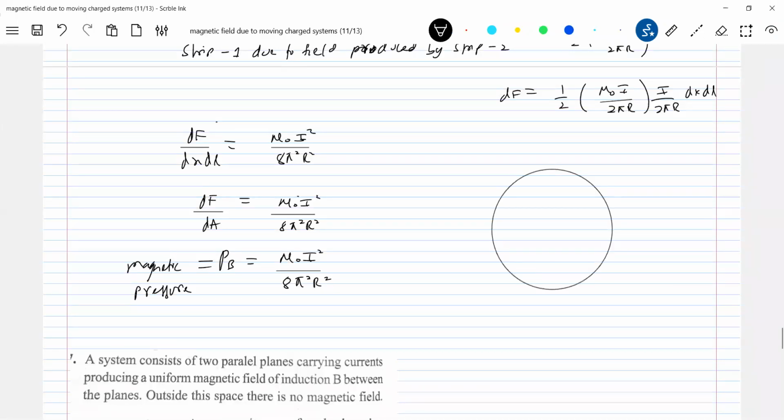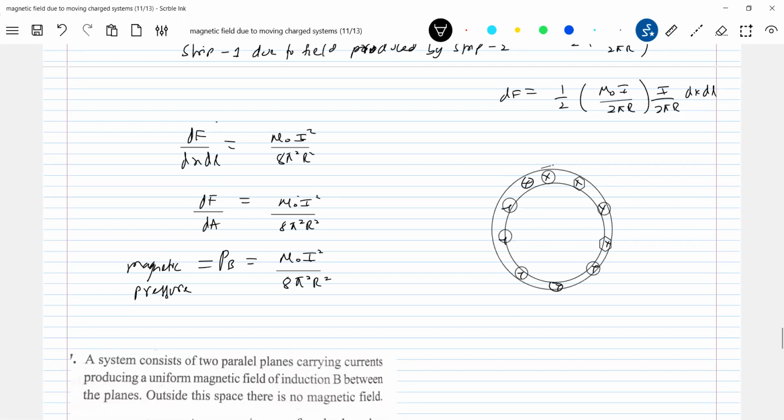If a current I flows through a structure, I think I can give only a plain diagram. A 3D diagram is not possible. Current is here. Anybody? Is the force outward or radially inward?